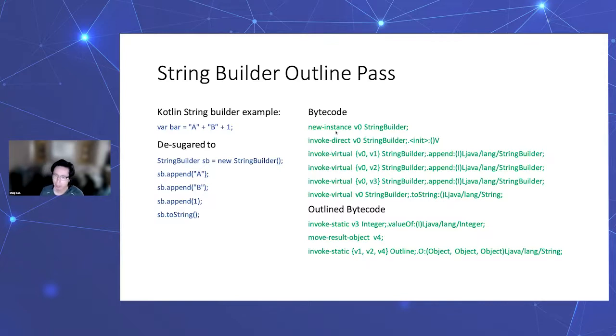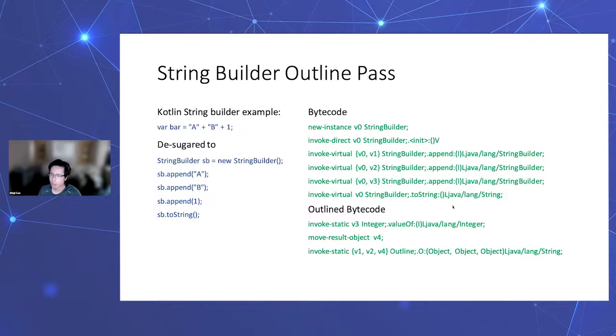Then we have the bytecode. You can see this green bytecode is a translation from this string builder code. We invoke append for each component here. If we can automatically refactor this code, we can reduce this 6-line code down to three lines.